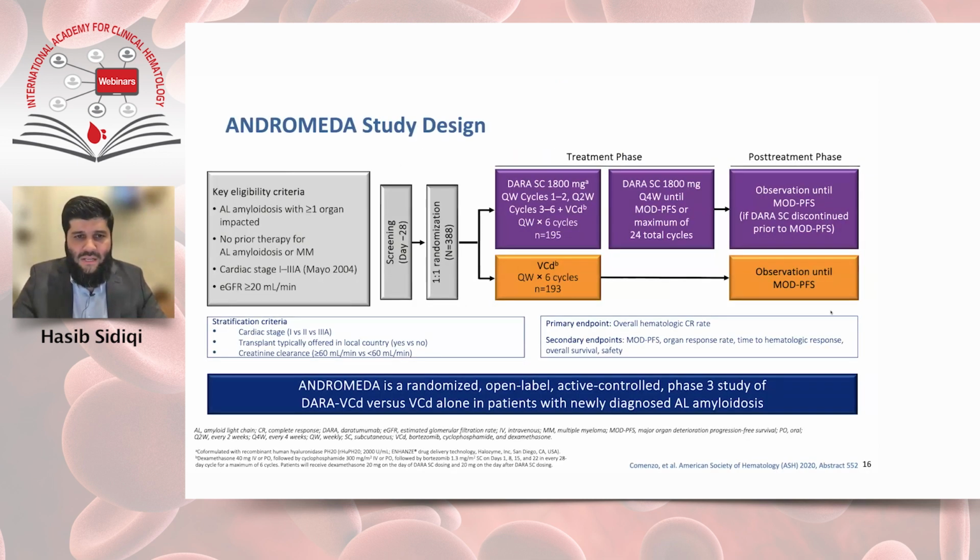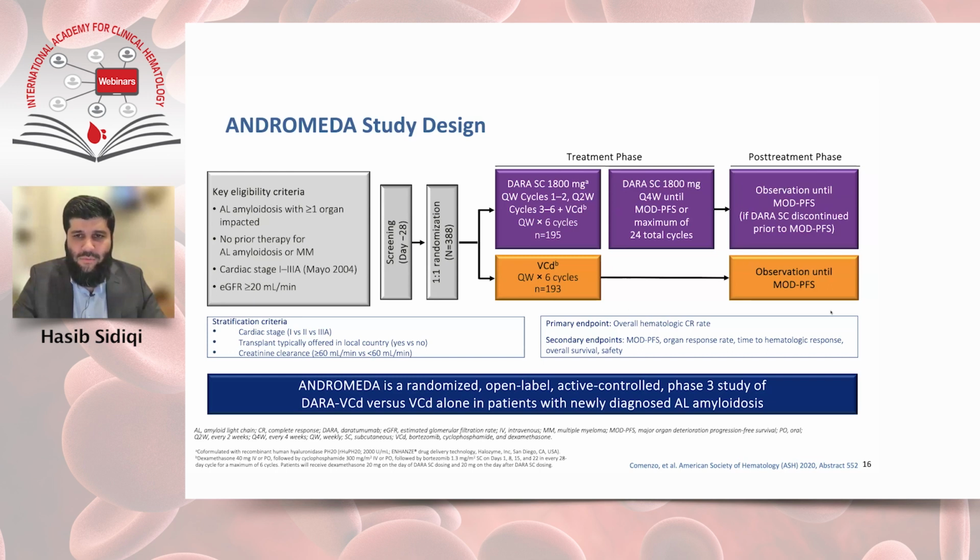As you can see, the study design here, there was a 1-to-1 randomization. After a screening period, patients received a combination of daratumumab with Cyborg for 6 cycles or Cyborg alone for 6 cycles, following which the cohort of patients receiving Cyborg alone went into an observation period.